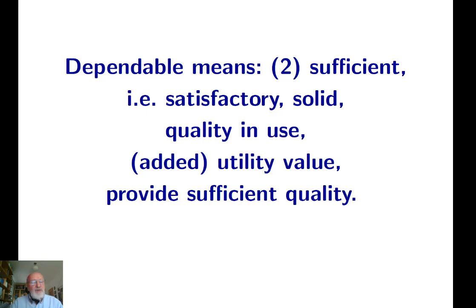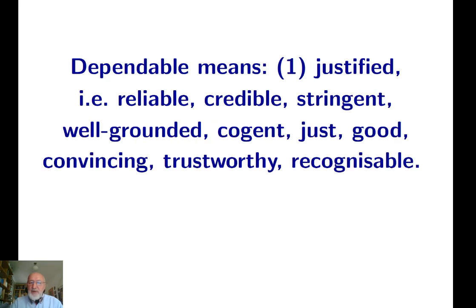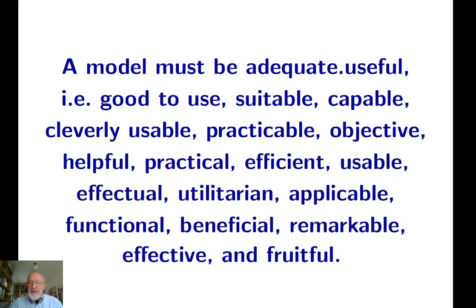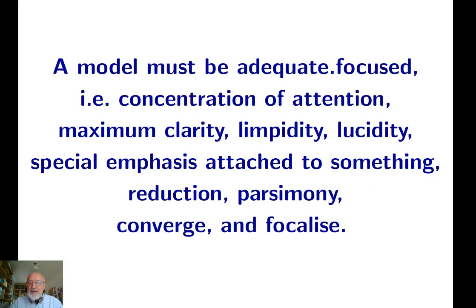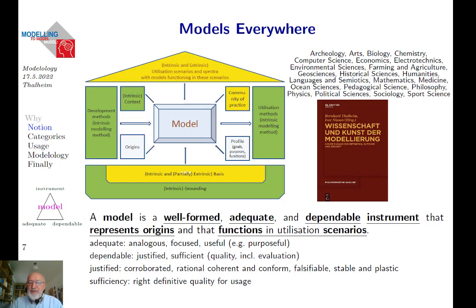And of course, we need some way to evaluate whether it is of sufficient quality. So that means in this case we have dependability and adequacy as our main properties for something to become a model. It is adequate and dependable.